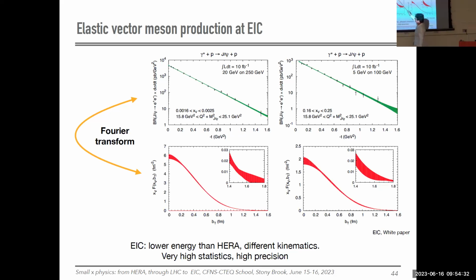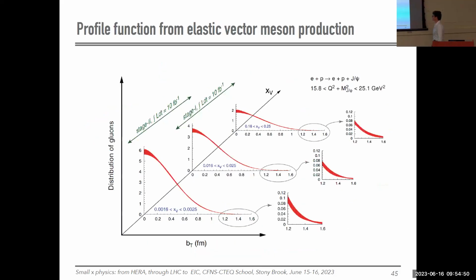If you Fourier transform, roughly speaking, you get the profile distribution like so. This will tell you about the gluon distribution from this process. And here you can see how you can vary it with different values of x. As you go to smaller and smaller x, this shape will change.